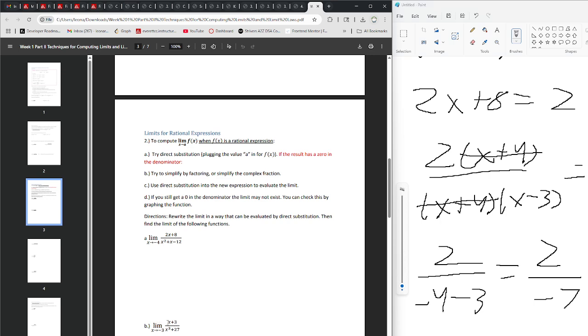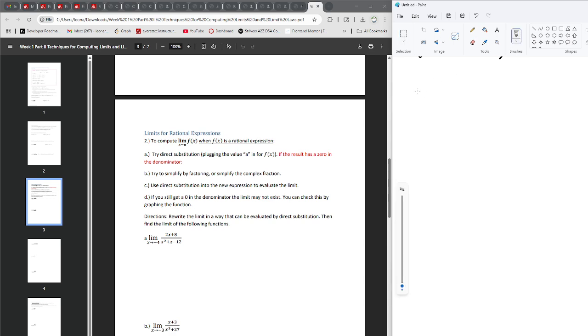So let's do that for here. I do not remember how to expand cubes. What was it?